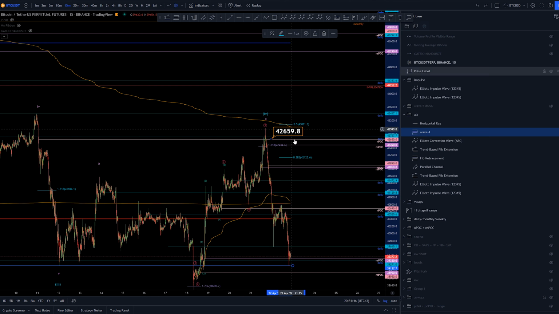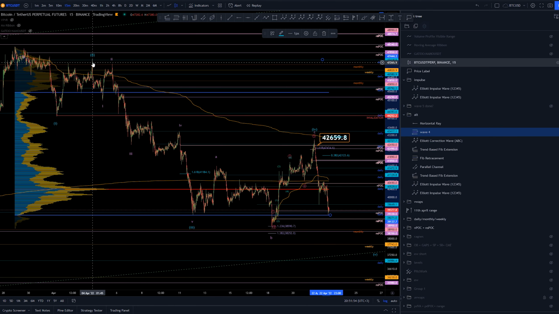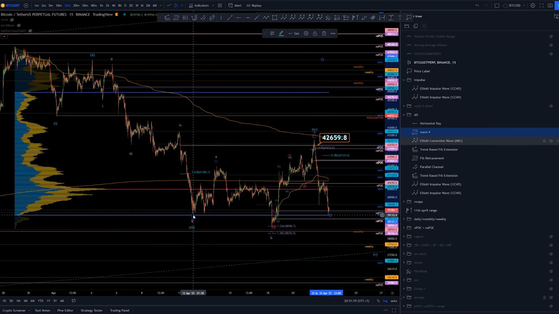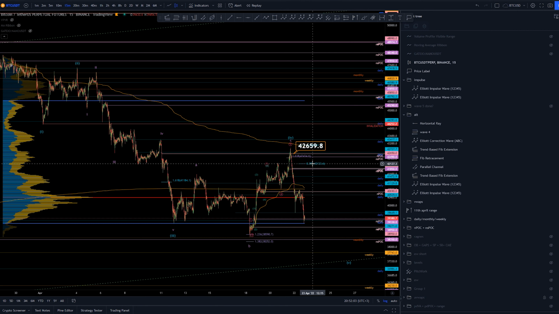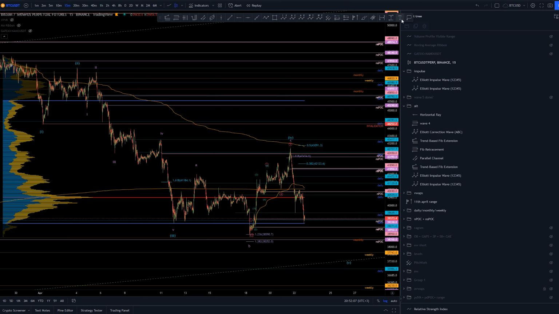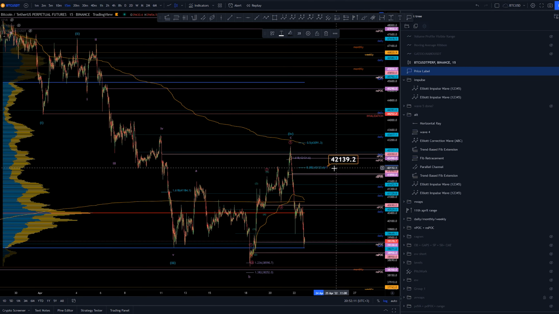The 0.382 of this whole wave 3 move, starting from the highs of April 4th, bringing it down to the 12th of April, gives us the 0.382 down around the 42.11k area, and that is where most of the wave 4s are ending.